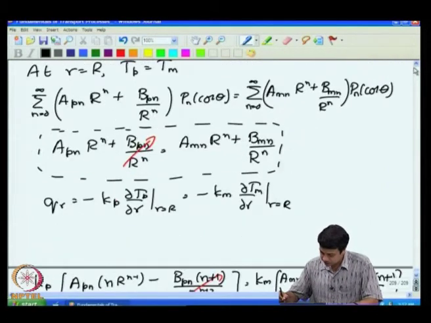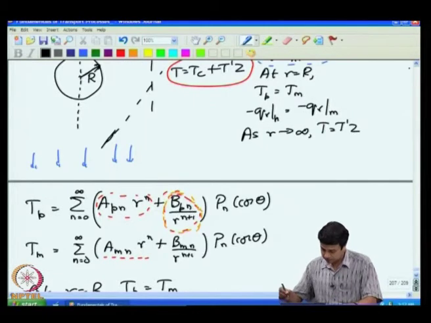So, let us put this into the conditions that I had for the temperature and the flux.